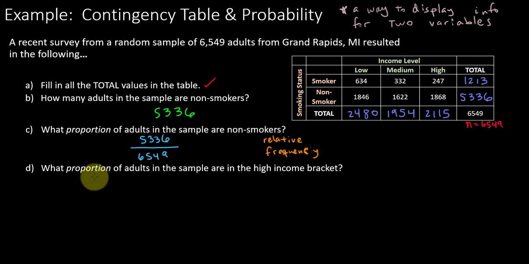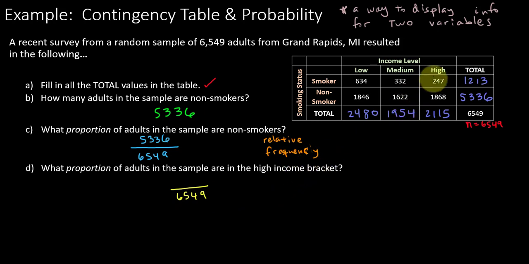Part D, what proportion of adults in the sample are in the high income bracket? Okay, so again, a proportion of adults in the sample, so we'll divide by 6,549. It's the total of the sample.